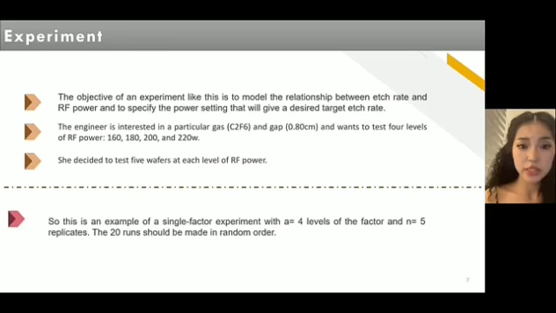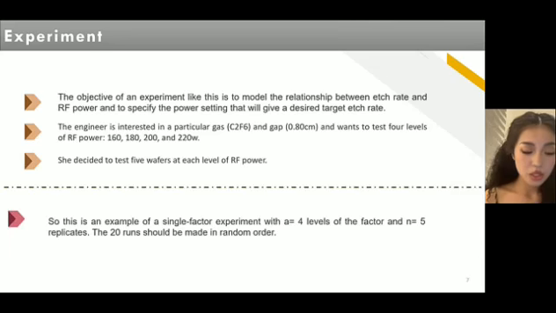The objective of an experiment like this is to model the relationship between etch rate and the RF power, and to specify the power setting that will give a desired target etch rate. The engineer is interested in a particular gas and wants to test four levels of RF power: 160, 180, 200, and 220.